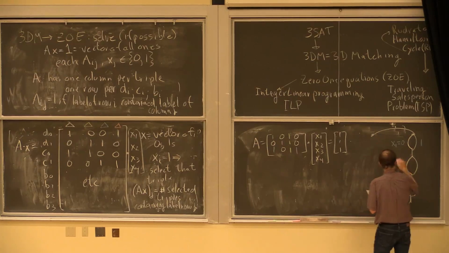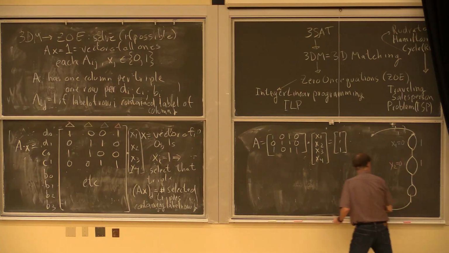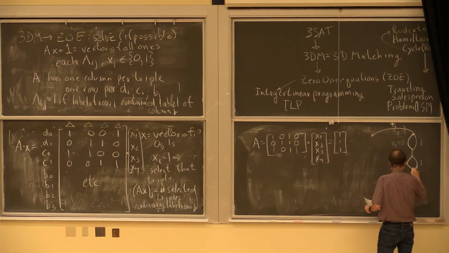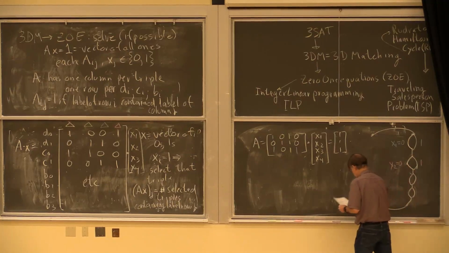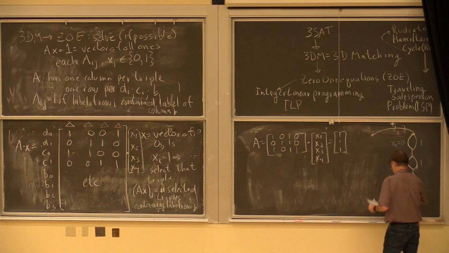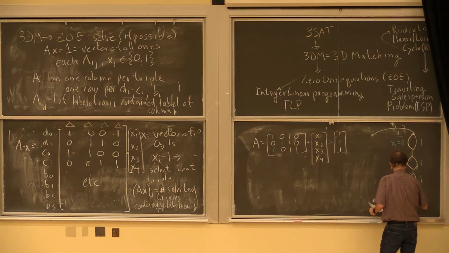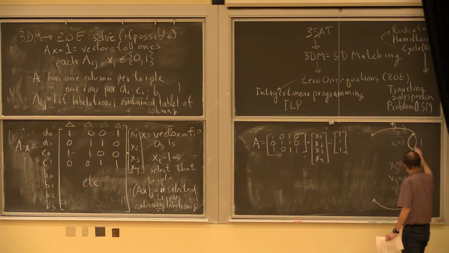This choice to distinguish x2 equals 0 or 1. And I think I need 4 variables here. Excuse me. Give myself some more room. And then I need x3 and then x4.